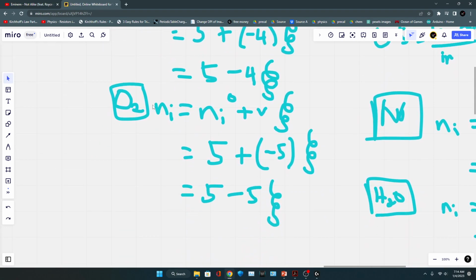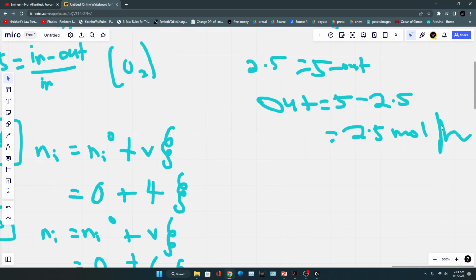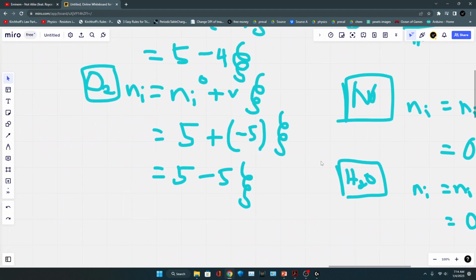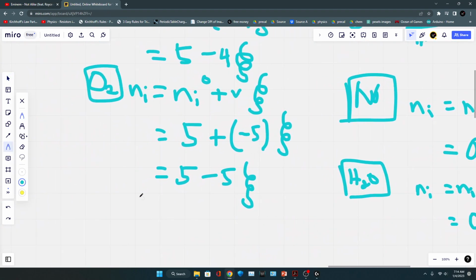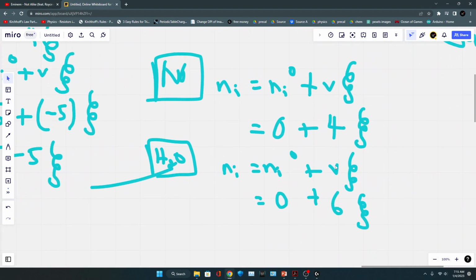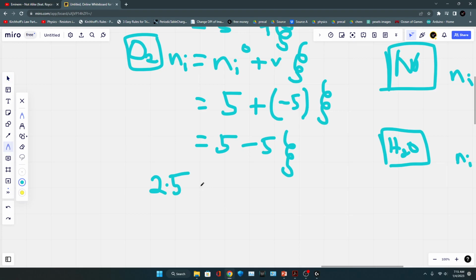So if you can see here that Ni is, we can actually substitute the 2.5 here. This is the amount of oxygen that's coming out. You can substitute it because this one is actually the final amount of oxygen that's coming out. So 2.5 is equivalent to 5 minus 5 xi.